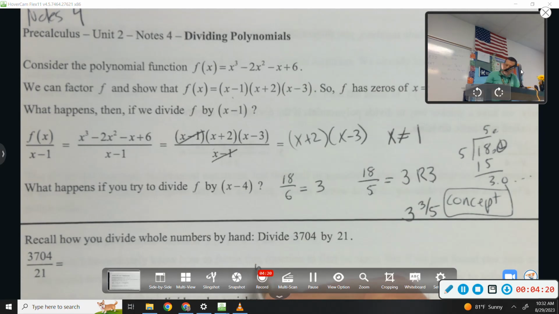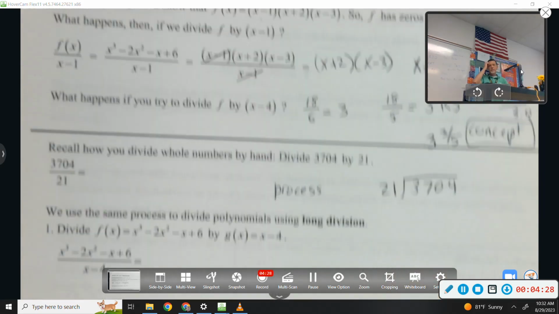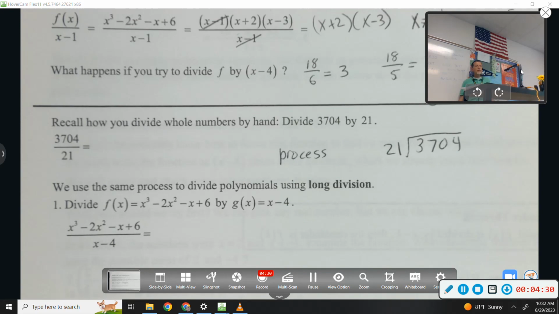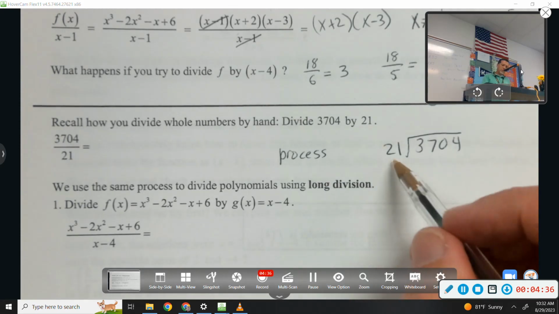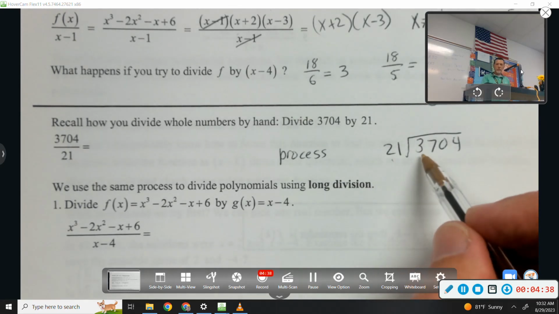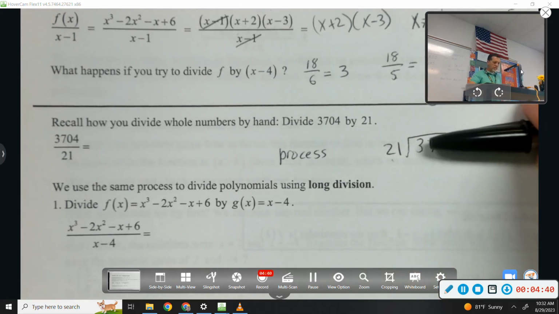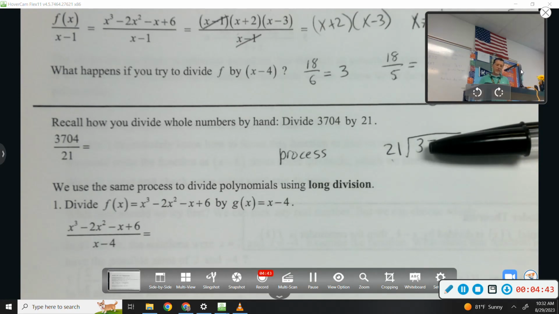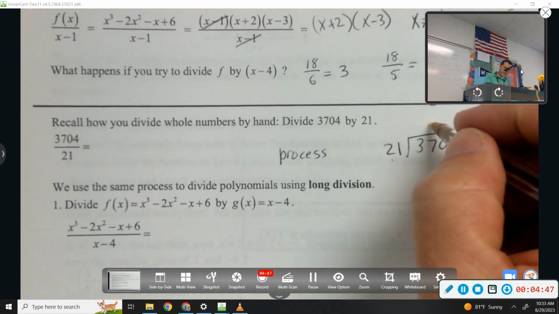Now let's do one that's a little bit harder and talk about the process of 3704 divided by 21. Again, we're still in 5th grade here, or 6th grade, whenever you did this. So how many times does 21 go into 3? It's like, well, that didn't really work. So how many times does 21 go into 37? Once.